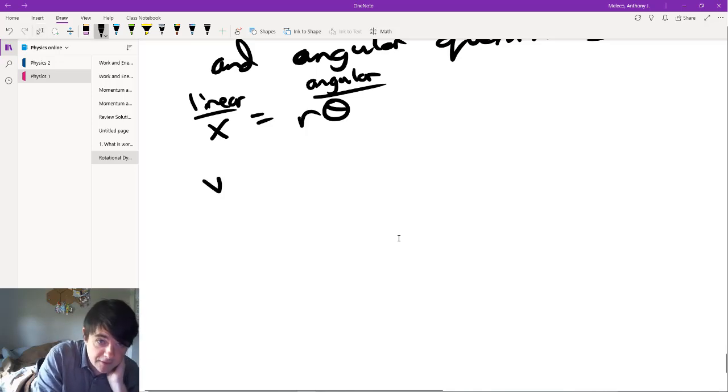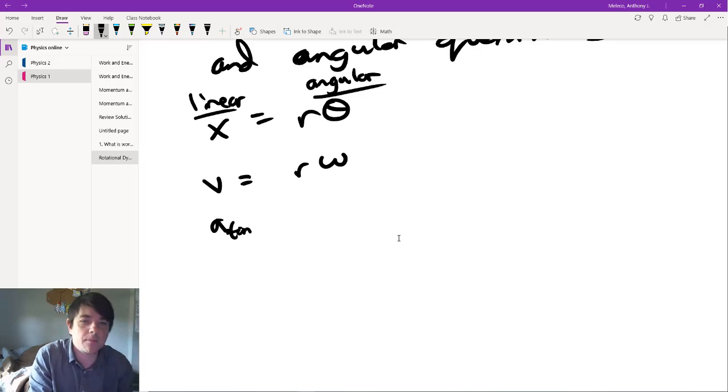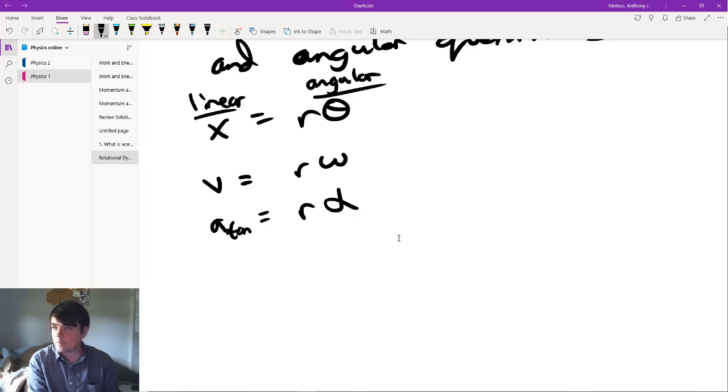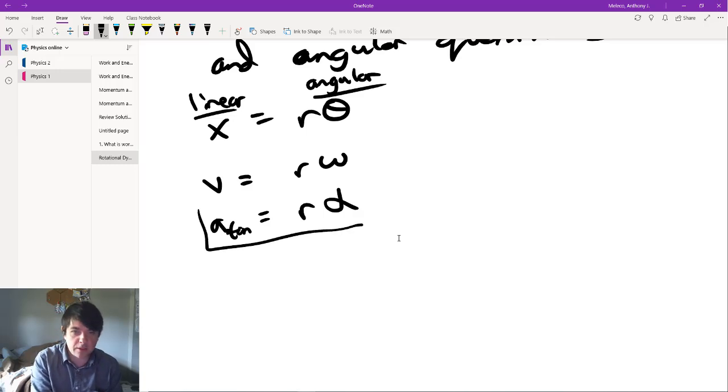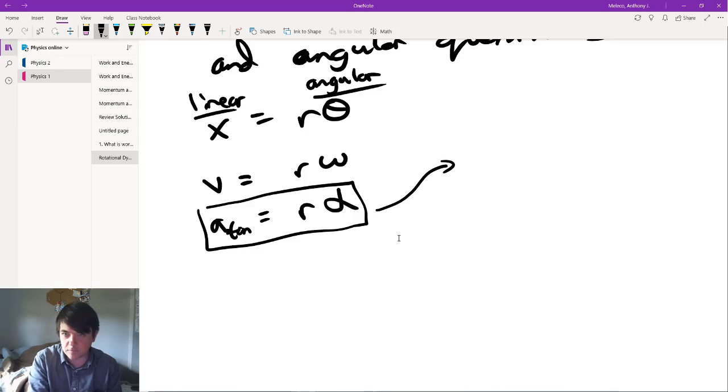We have v equals the radius times omega, and we have a, the tangent acceleration, equals r alpha. I'll talk about these two different accelerations.